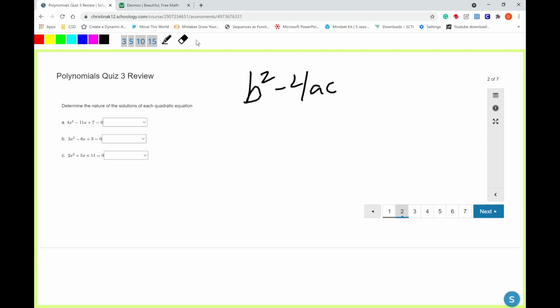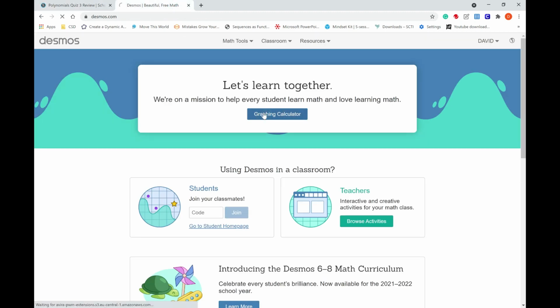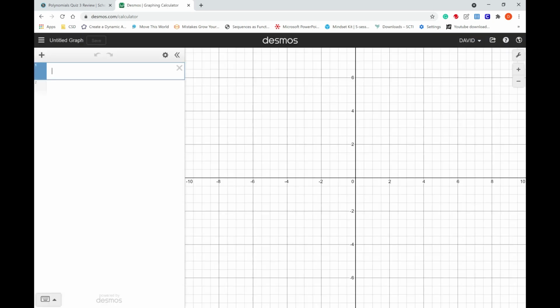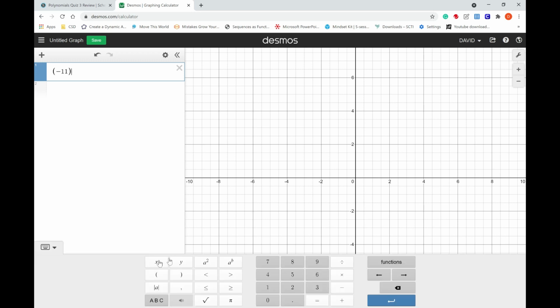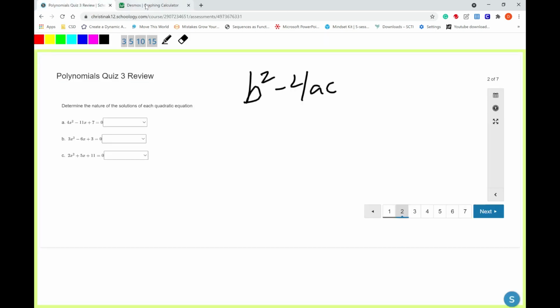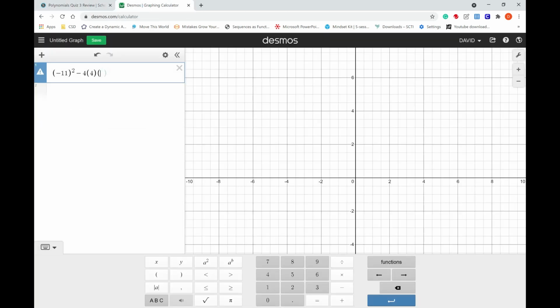So in A, b will be negative 11, so we're going to go to our Desmos window. We'll do A first: negative 11 squared minus 4, parentheses, A is 4, parentheses, 7. So our answer for A is 9.